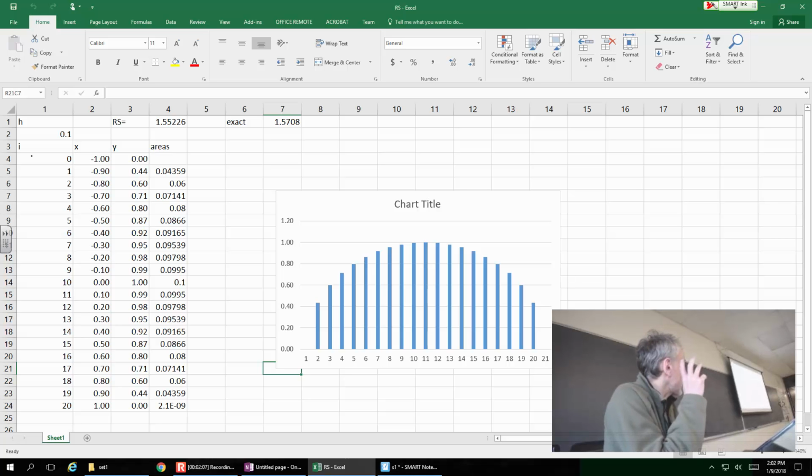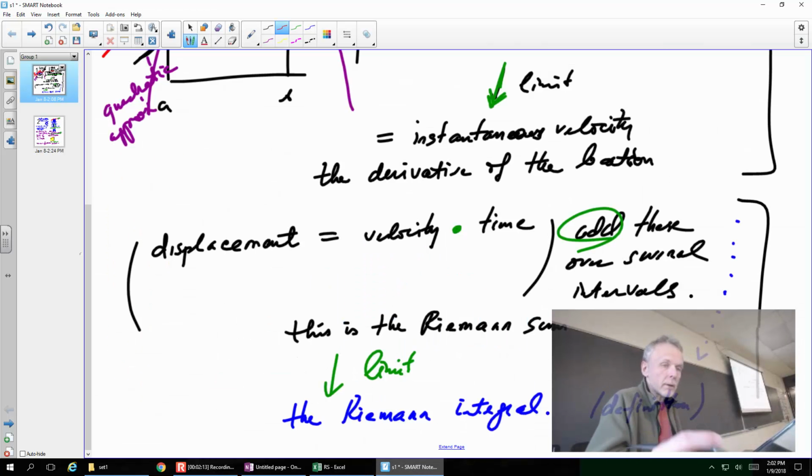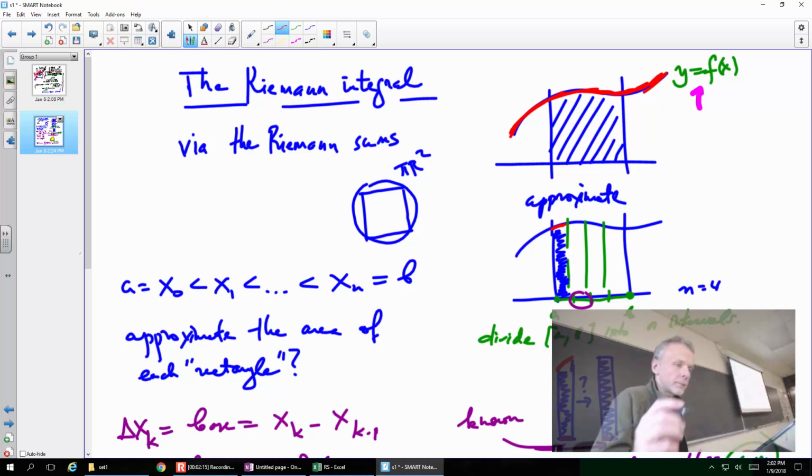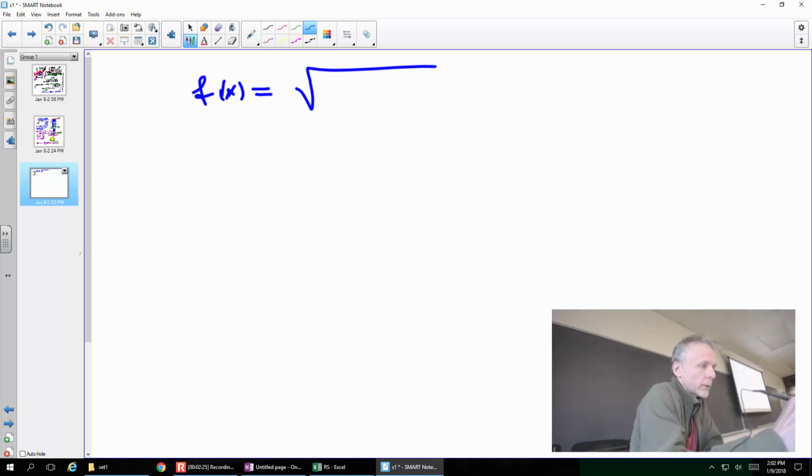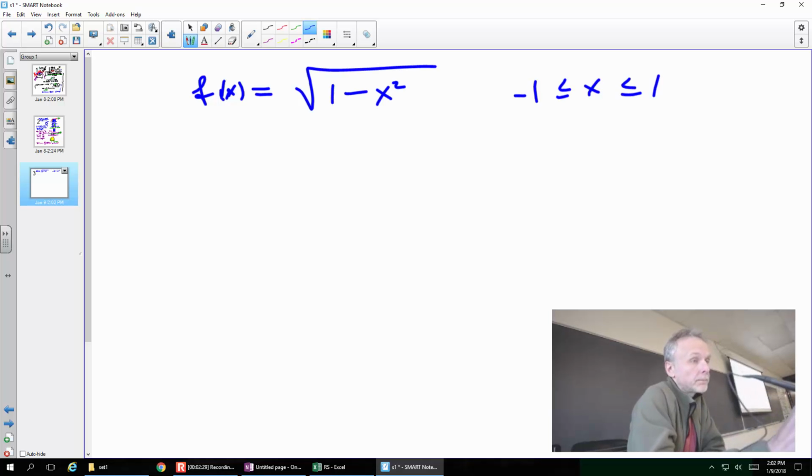Rather technically, it is the function that gives you the upper half of the circle. Let me write it. So f of x is equal to the square root of 1 minus x squared, for x between -1 and 1.